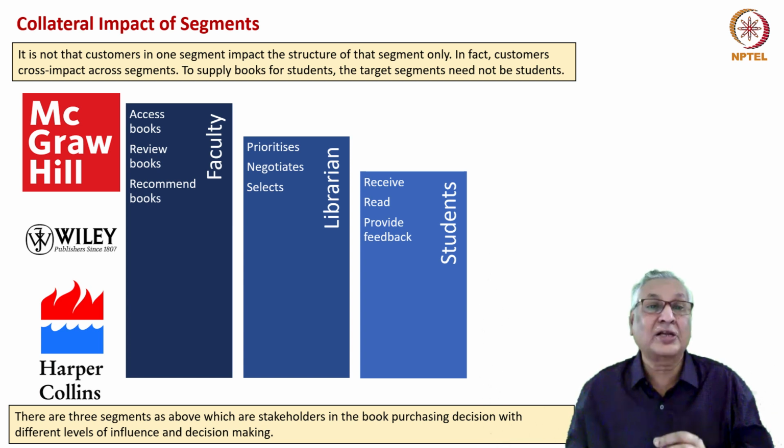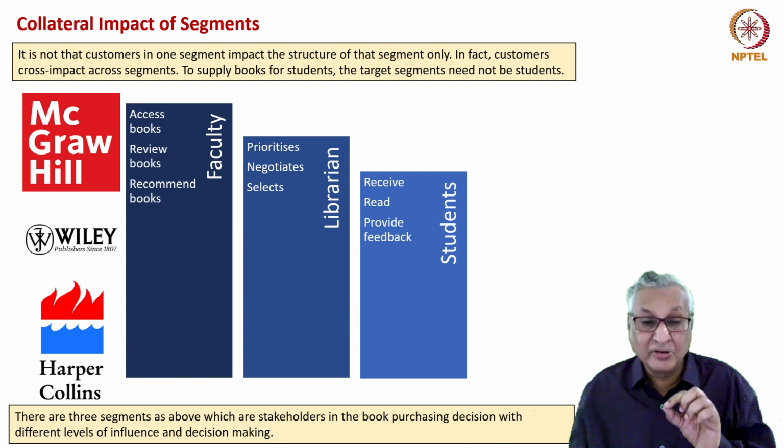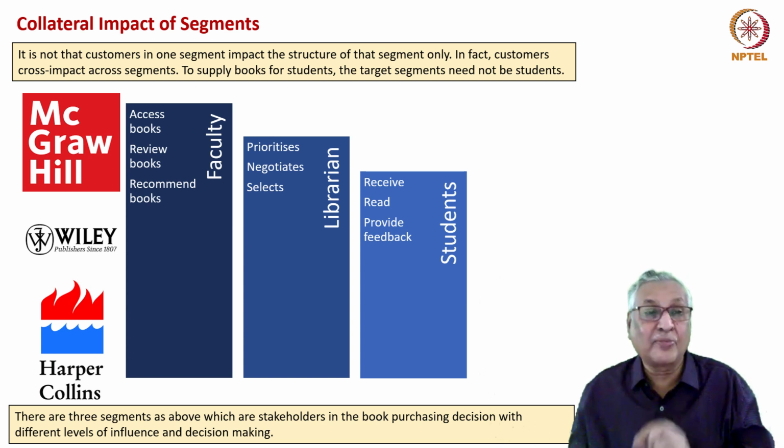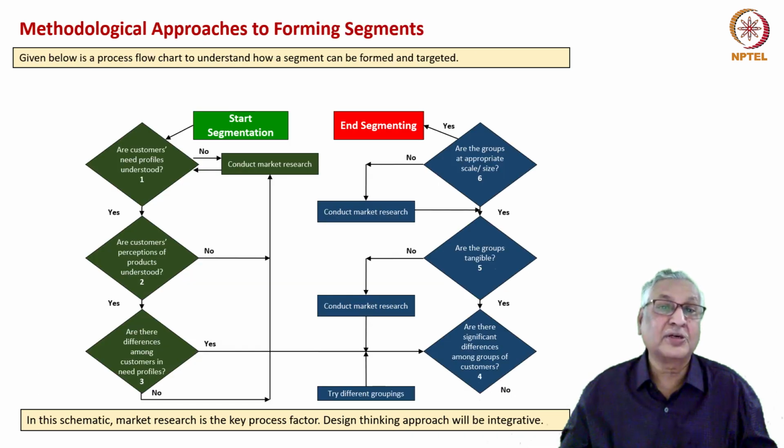So who is the actual segment which is buying? We may think that it is the owner, but the owner has only limited segmentation potential available. Others also need to be looked at as segments. Even collateral segments which do not purchase the product are important for a company. So this is the collateral segment approach that we need to consider whenever you look at market segmentation.